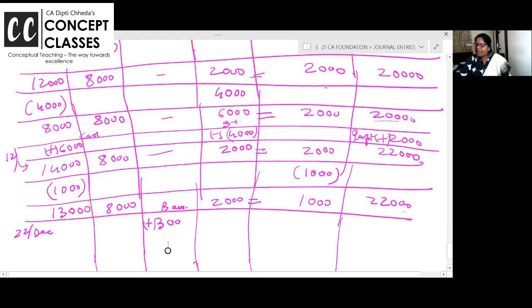You've received the money, but it's not there. We will receive the money from Das only because debtors are not there. We'll change it. Please change this 22nd entry. Receive the cash from Das one more time.